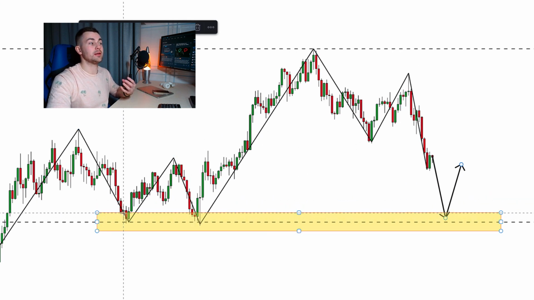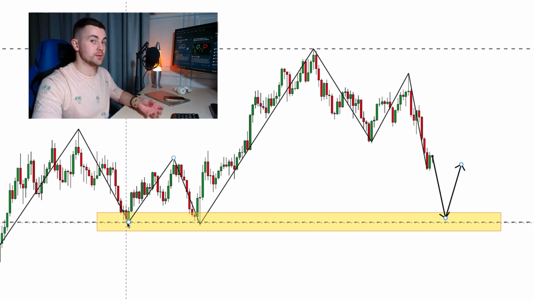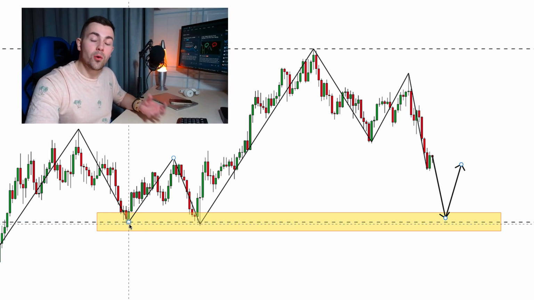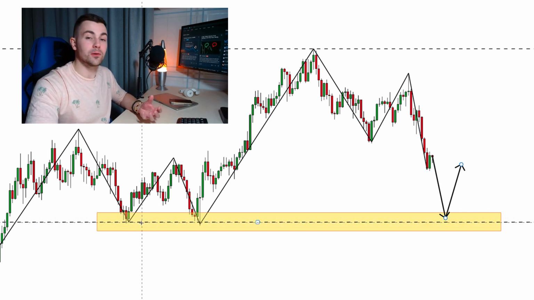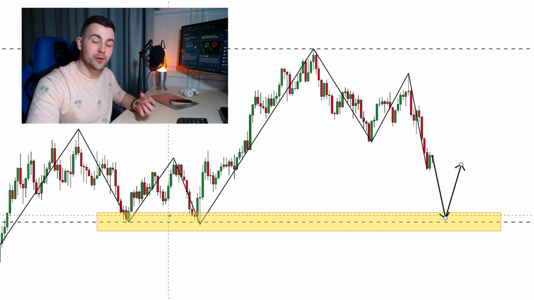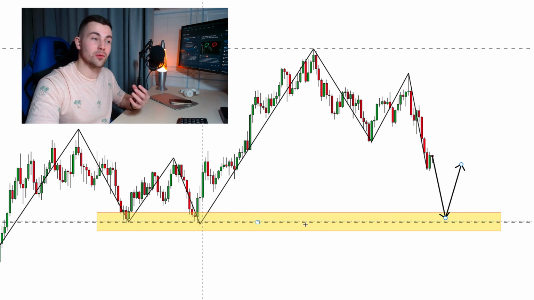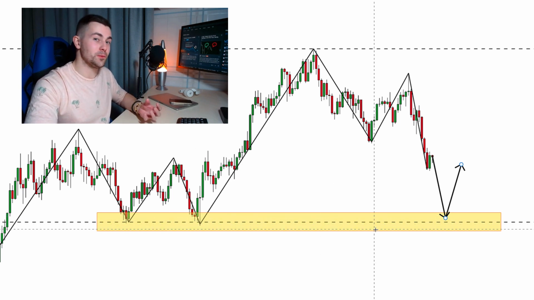Because you can see that in the past, for the market participants, that structure was important. Market participants need to rely on something. They need some order in this chaos, and that structure definitely indicates that in the past, buyers started to buy from here. So in the future, most likely this will repeat again.